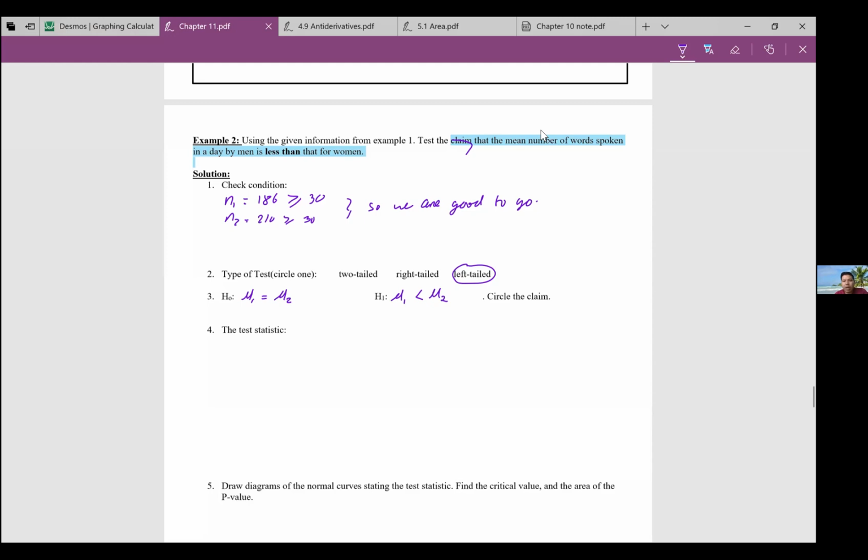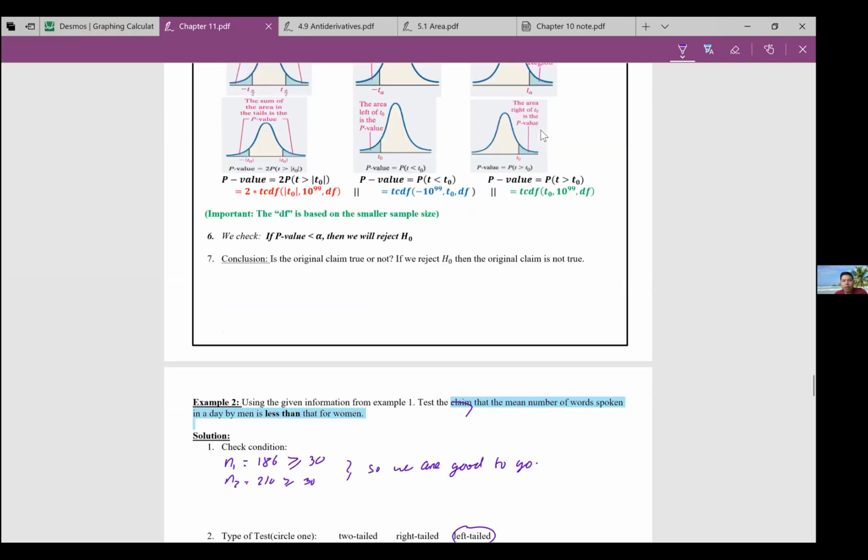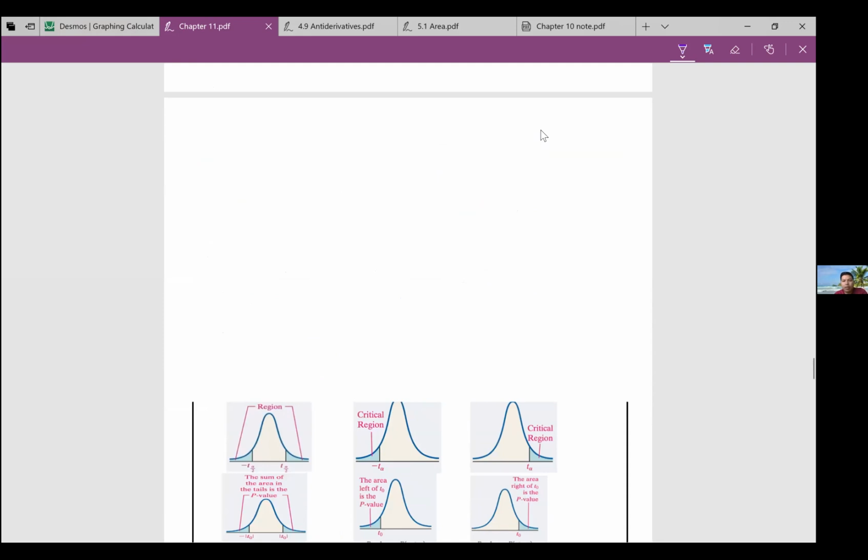And then we calculate the test statistic. So we have t naught equal to x1 bar minus x2 bar, divided by the square root of s1 squared over n1 plus s2 squared over n2. And if we take a look at the data that we saw in example 1, that's what we're going to use for this exercise.